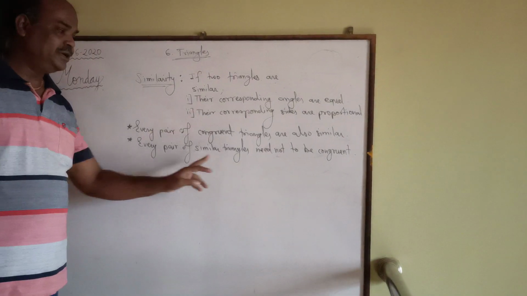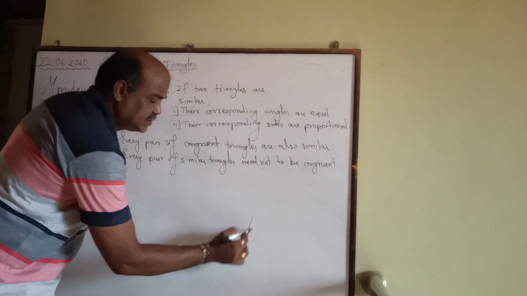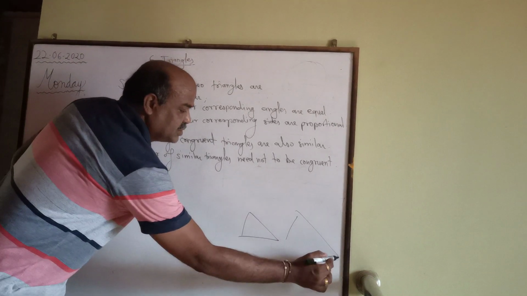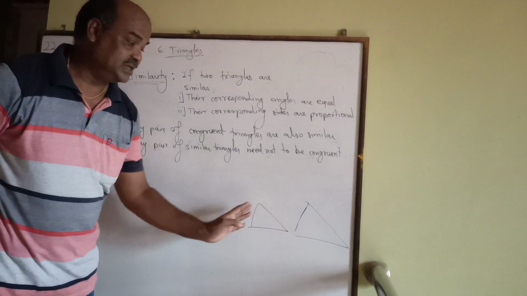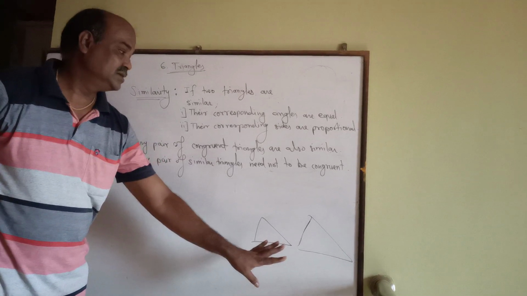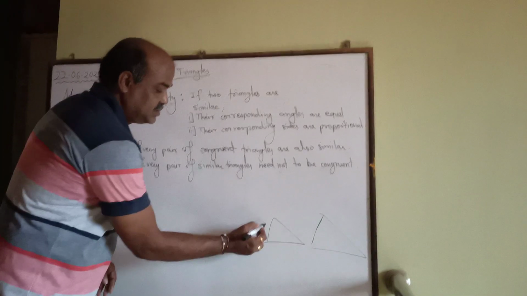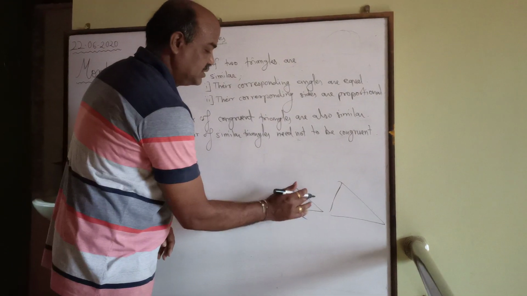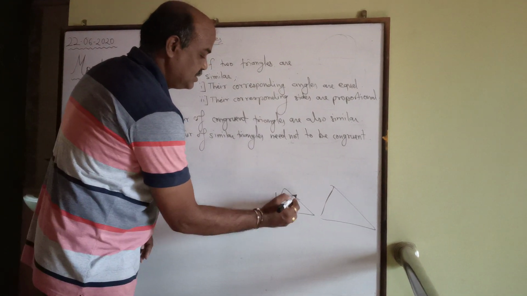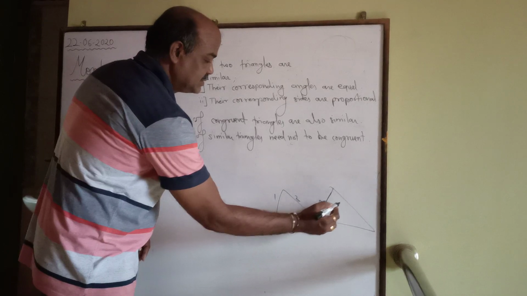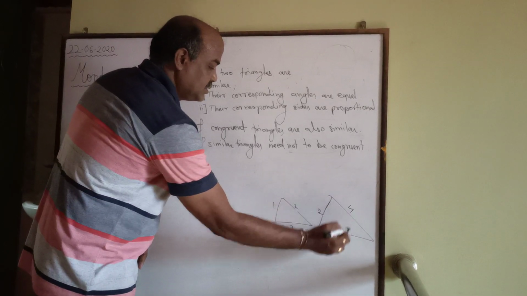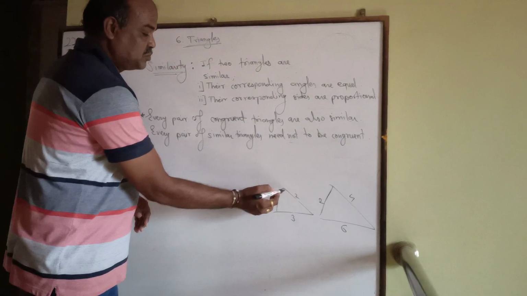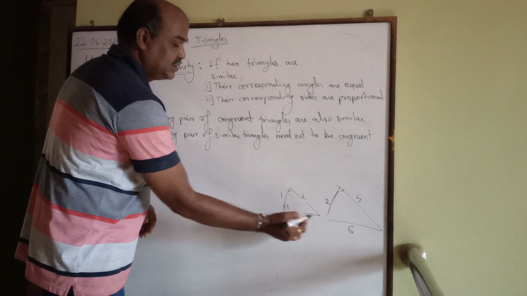You understood this point actually? I have taken such two similar figures with different size, right? Earlier I have taken this. If I will take like this, you can see their corresponding angles are equal, right?